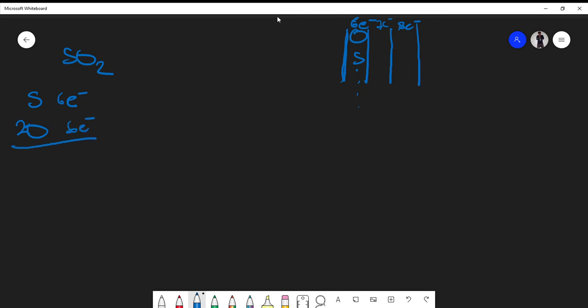So let's count up the total number of electrons we should have here. We have 1 sulfur atom, which has 6 valence electrons, so that's 6. We have 2 oxygen atoms, with 6 valence electrons apiece, so that is 12 plus the 6, so we should have 18 electrons total.